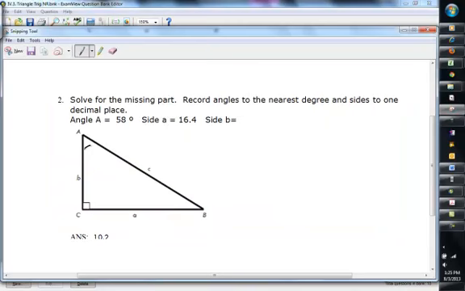Angle A is 58 degrees. Side A is 16.4. Find side B. These two are related because this is the opposite side, and this is the adjacent side. The tangent of 58 degrees is the opposite side over the adjacent side, which is what we're looking for.